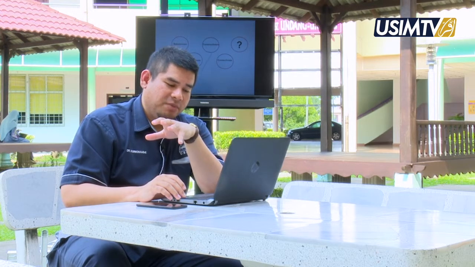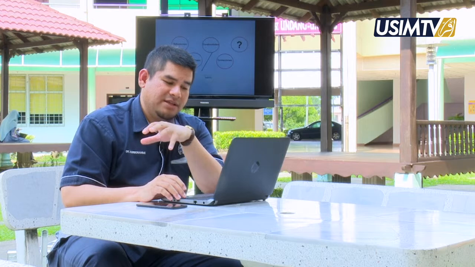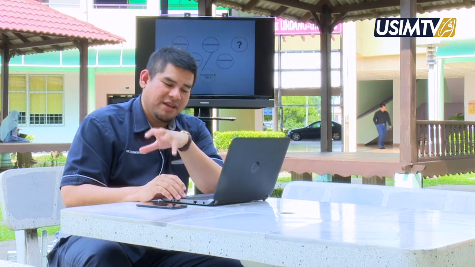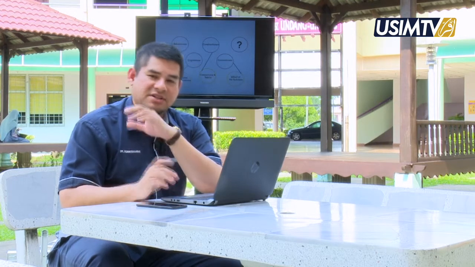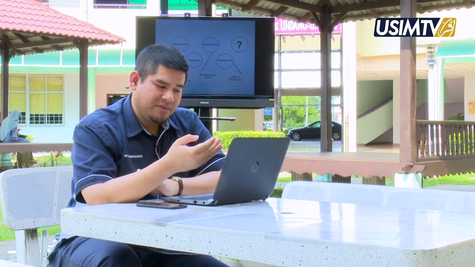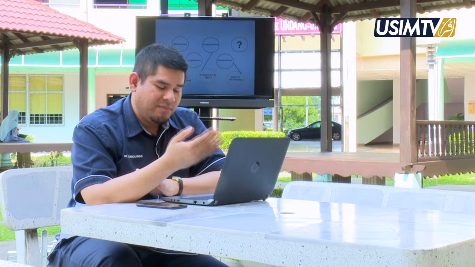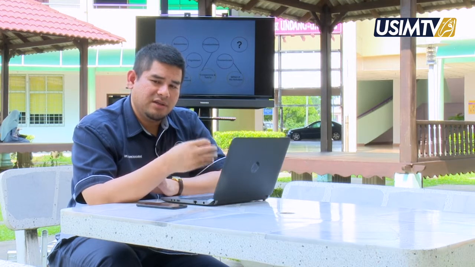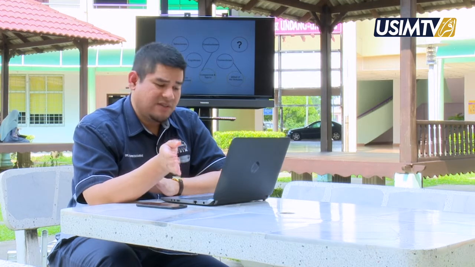Cognitivism, Nabi Muhammad and the companions. Constructivism, companions and tabi'in. And connectivism, the ijtihad of the scholars. That means we started with Jibril saying read, and then Muhammad would follow. This is behaviorism.